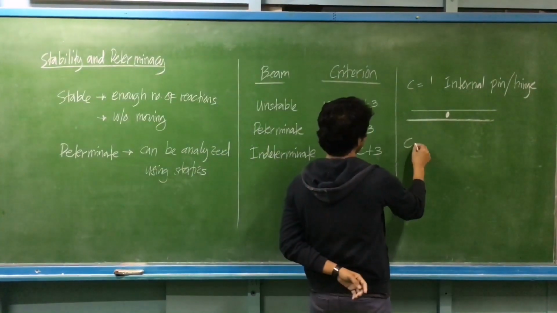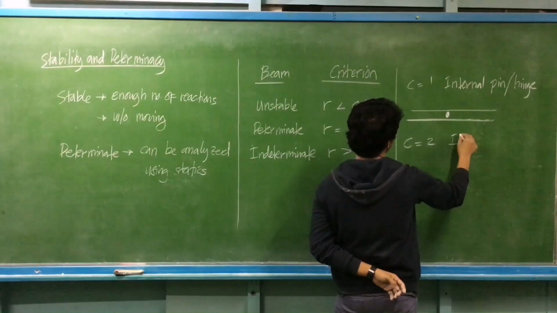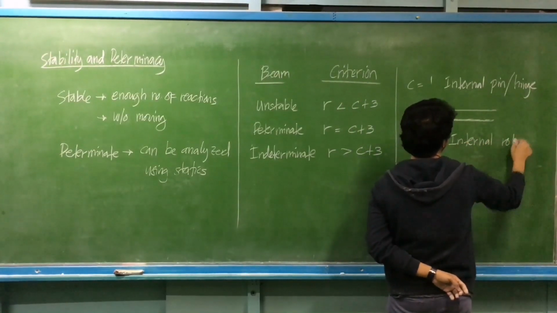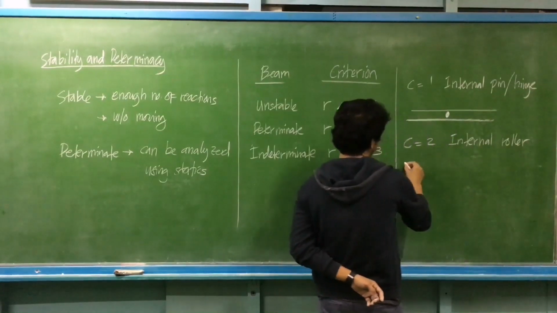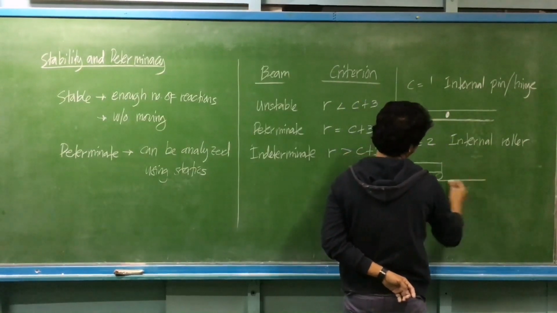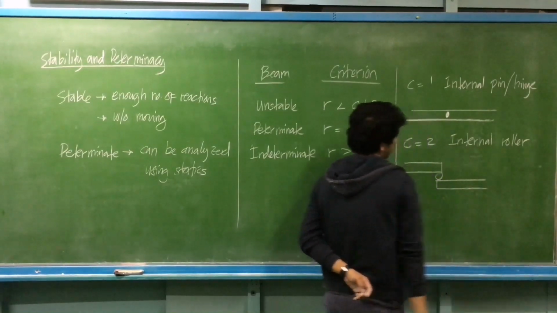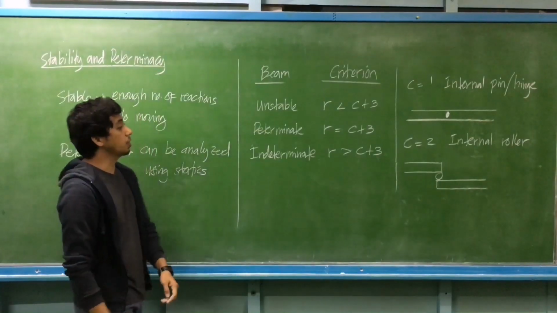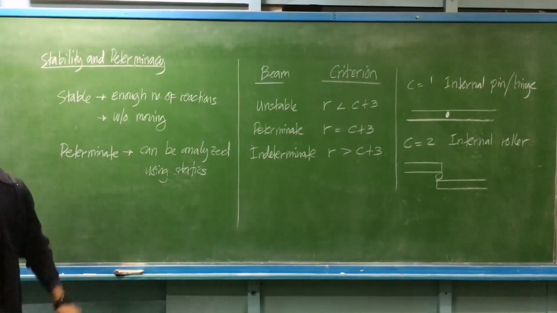We have the value of C equal to 2 for the case of an internal roller. If we have an internal roller, for example, we have this one. So C equals 2 for the case of an internal roller. So let's have an example.